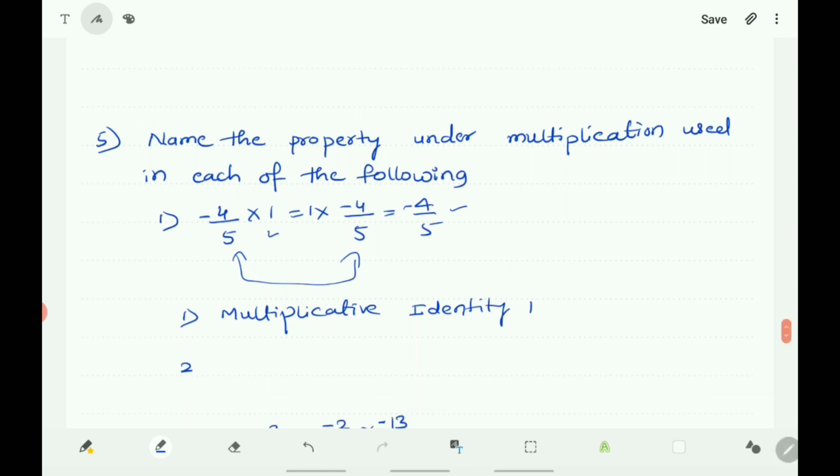The other property is the commutative property of multiplication, in the form a into b is equal to b into a.